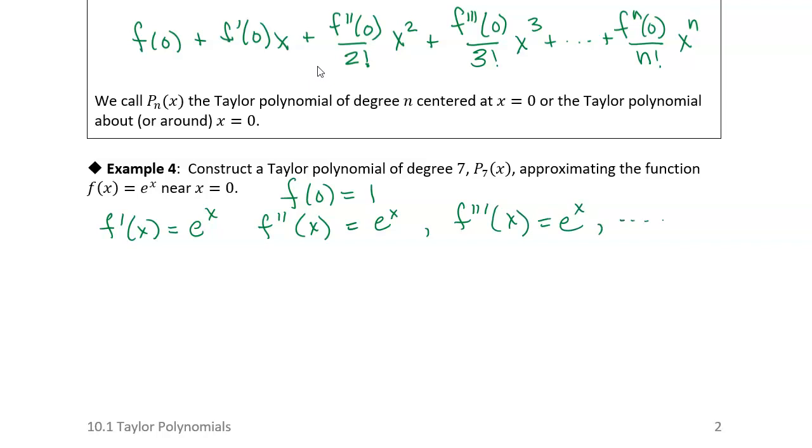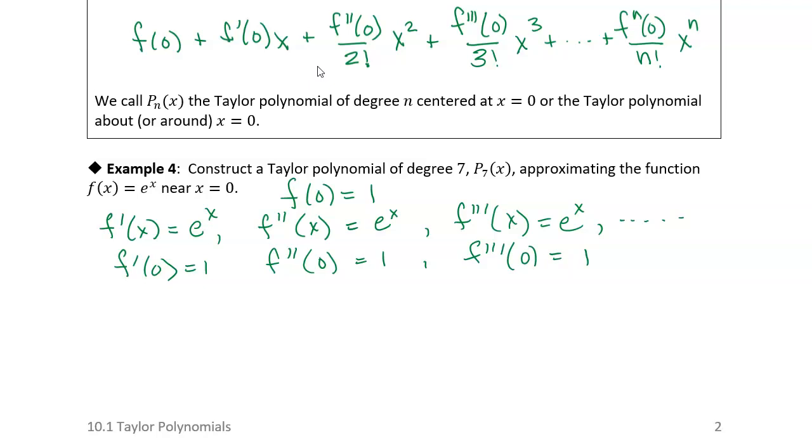So we don't actually have to compute all 7 derivatives. We can just see the pattern and go from there. So that means that f prime at 0 is equal to 1, f double prime at 0 is equal to 1, and so on. That pattern is just going to continue. All these derivatives at 0 are equal to 1. So that makes our job pretty easy.